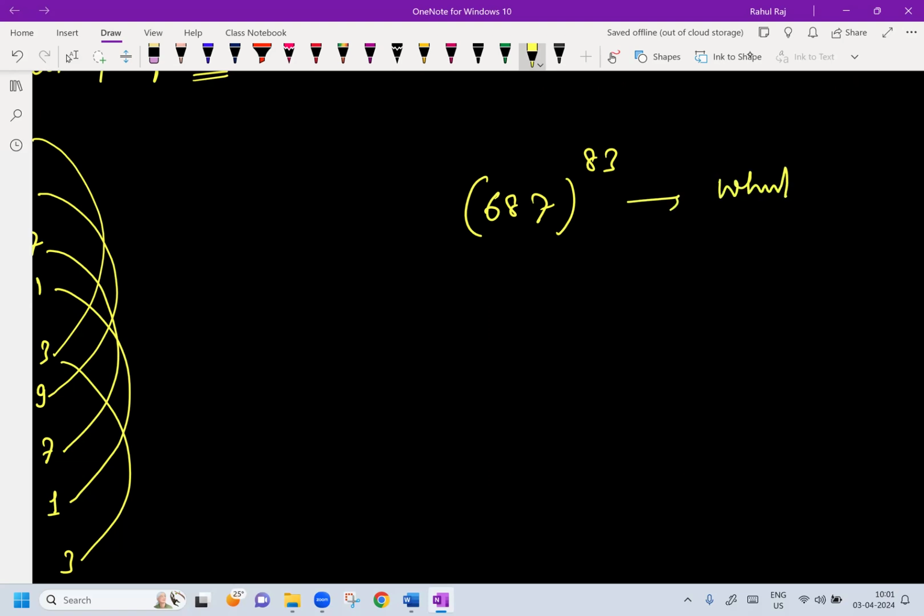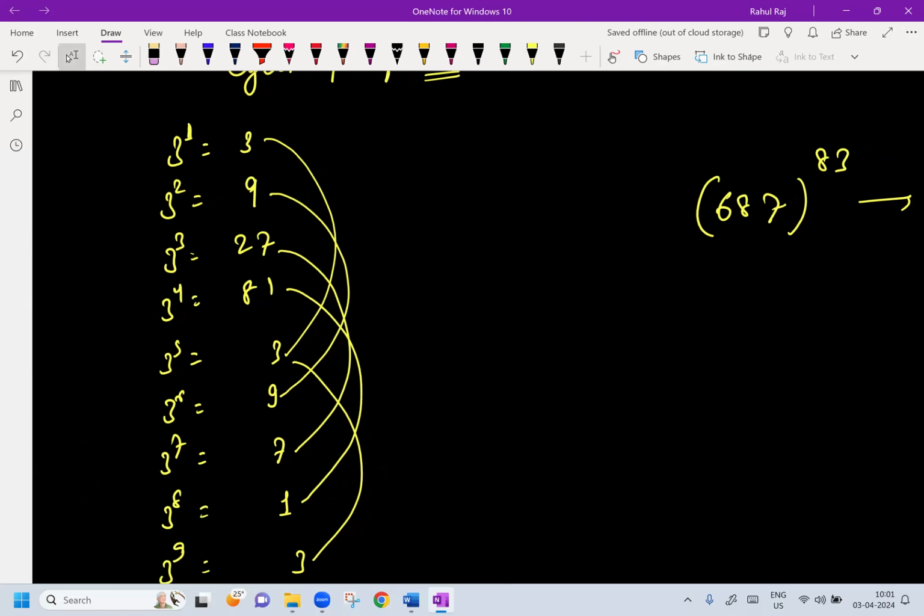I'll explain. Is it 100% fine for you that every unit digit repeats itself after the fourth power? So if that's true, I'm supposed to find the unit digit of 687 to the power 83.